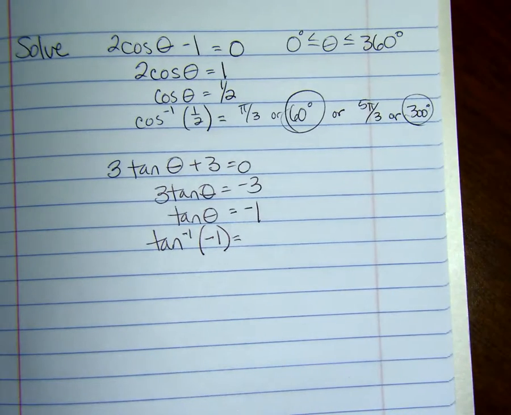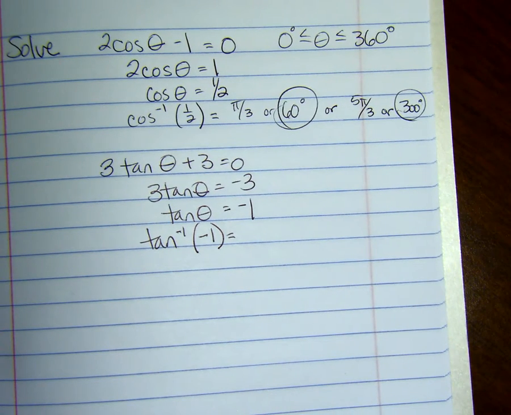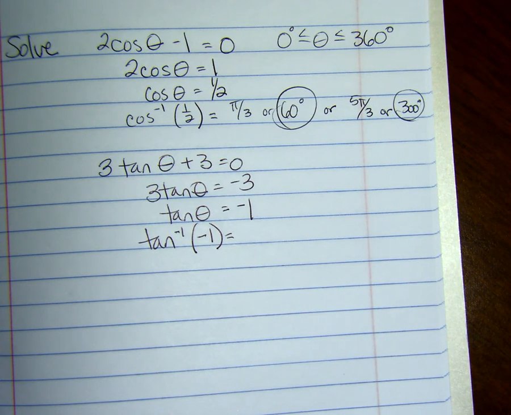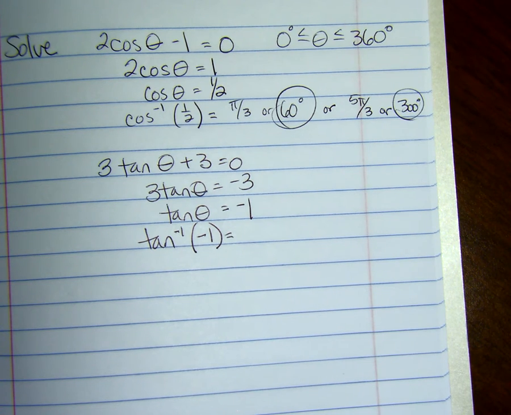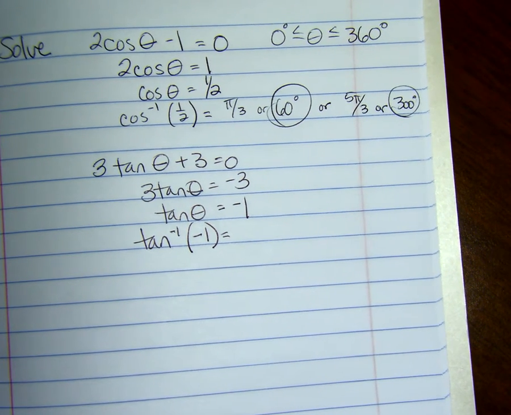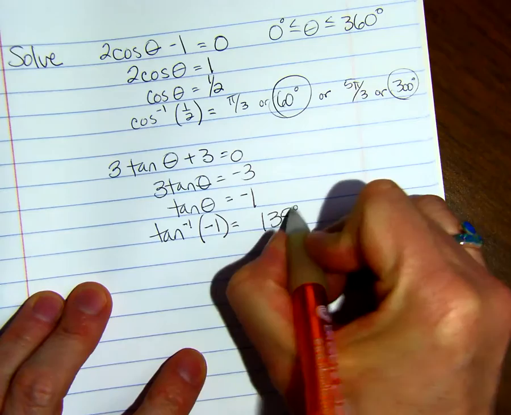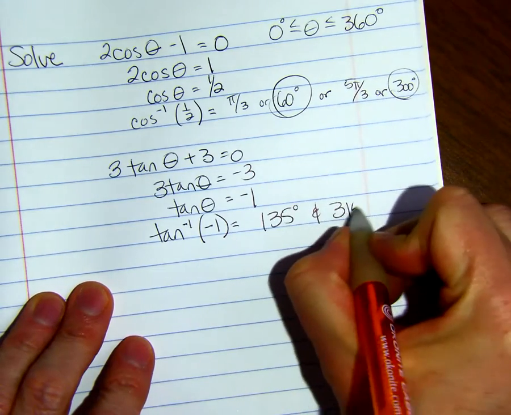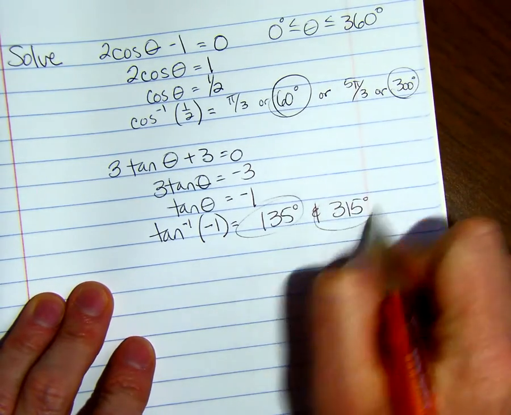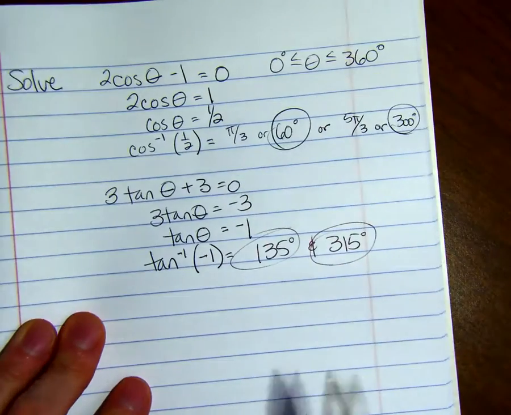So that's going to be where they're opposites. So 3 pi fourths and 7 pi fourths. 3 pi fourths is 135 degrees and 315 degrees. So we were using the same restrictions on theta, had to be between 0 and 360.